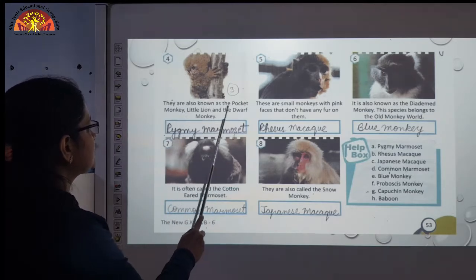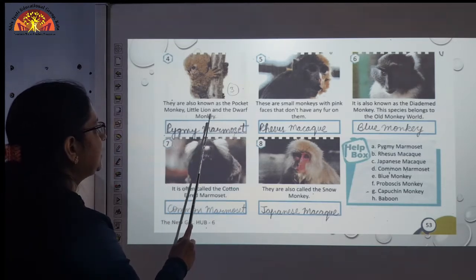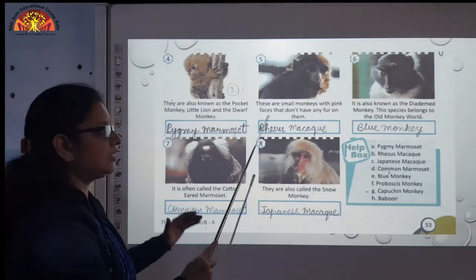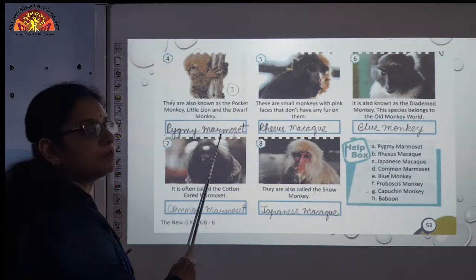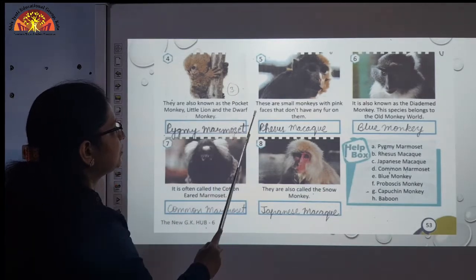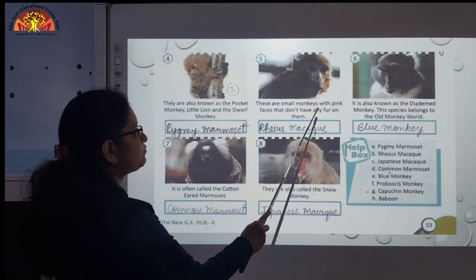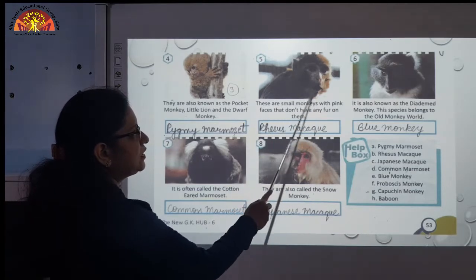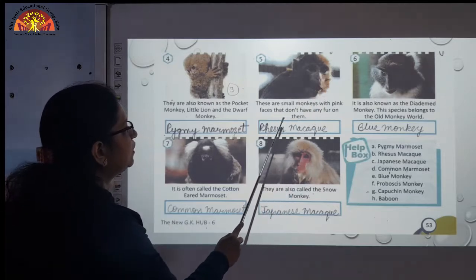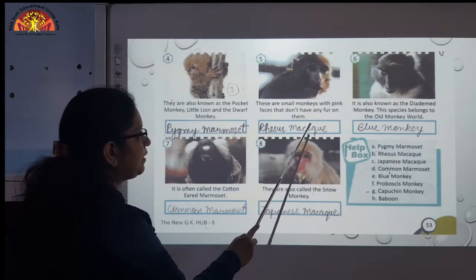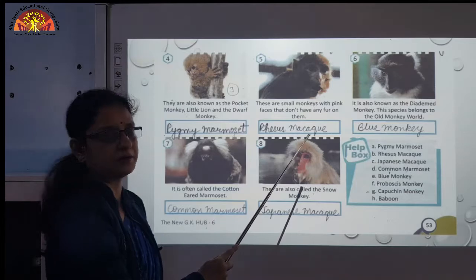They are also known as the pocket monkey, little lion and the dwarf monkey, that is pygmy marmoset. Number 5. These are small monkeys with pink faces that do not have any fur on them, that is rhesus macaque.